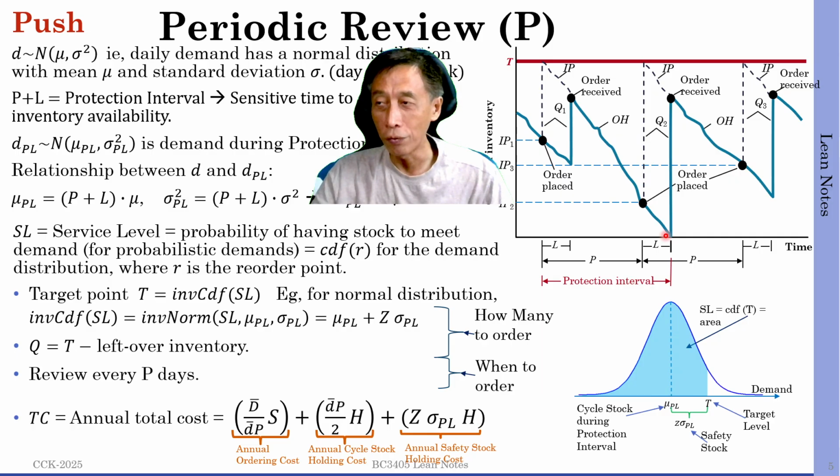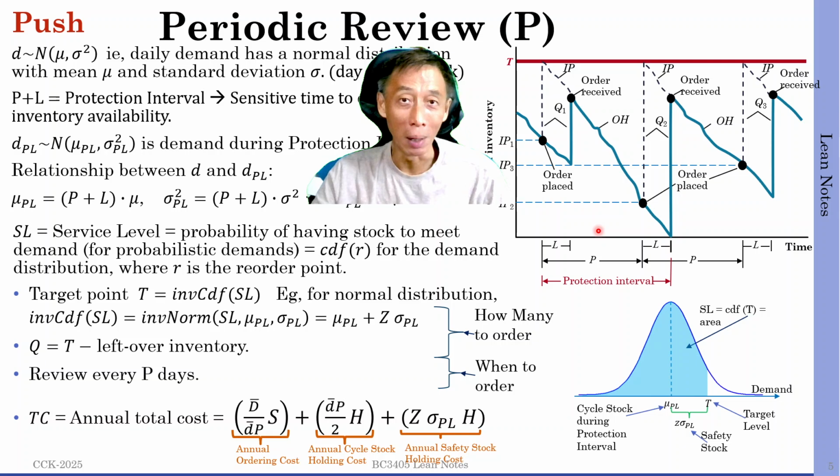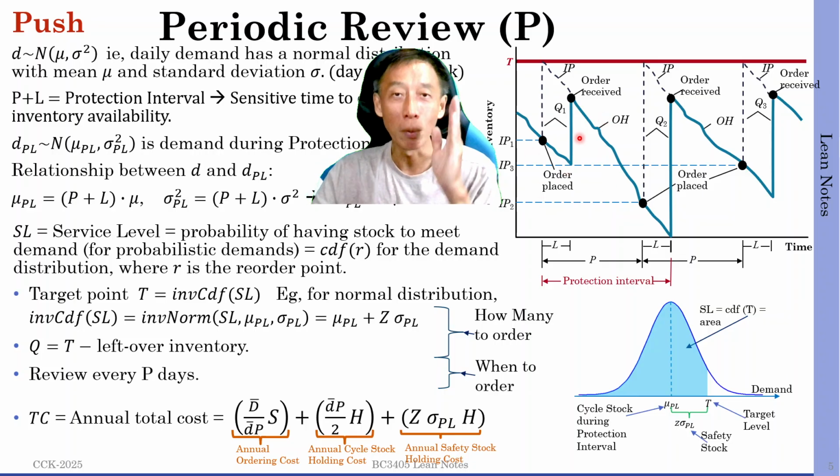So if in between P plus L we have any potential stock out, number one, we won't know about it. Number two, we are supposed to place orders only during review. And when we are at the second review, we are completely forgetting, with no memory or record of the previous cycle. We go from cycle to cycle.